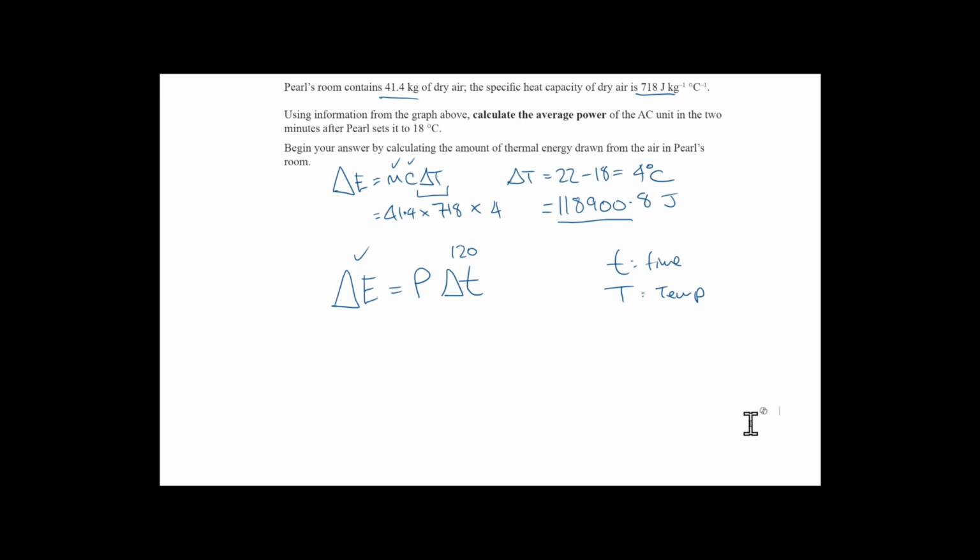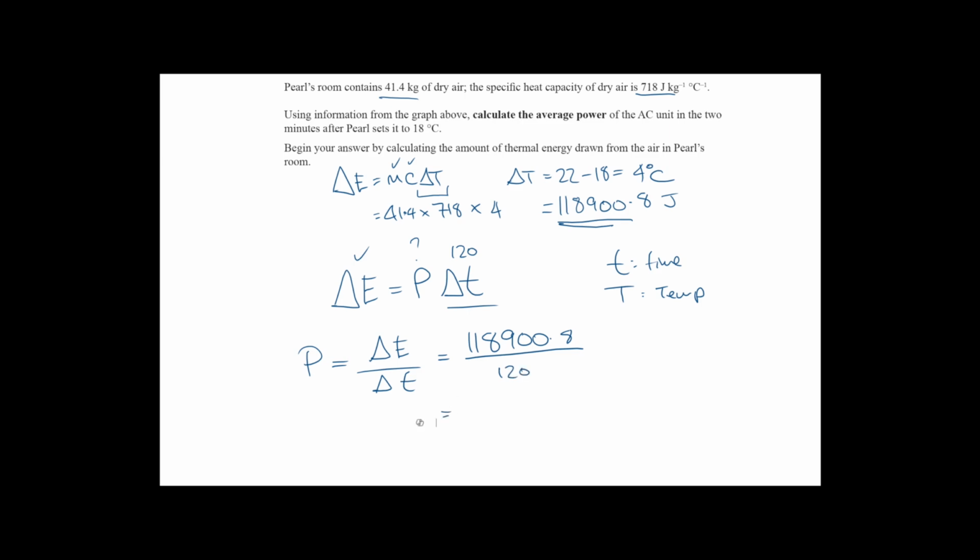So I've done physical work. So we know that the change of energy is this, and we know the change in time. So now the only thing we need to find out is this. And it's going to be pretty easy to find out. So the power is going to be the change of energy over the change in time. And it's the definition of power. So that's going to be 118,900, put the 0.8 in, over 120.